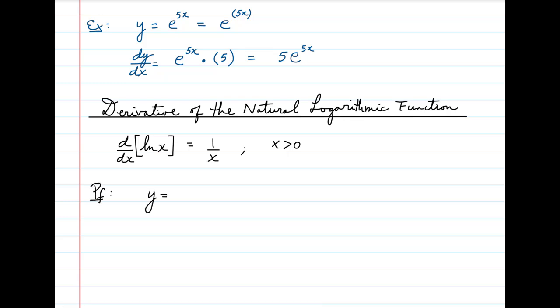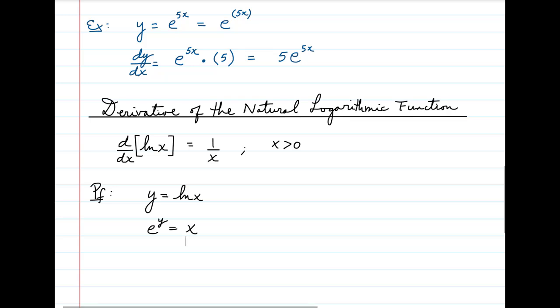We start with the function y equals ln x, right? You know from algebra that you can rewrite this logarithmic expression as exponential. The base of this log is e, so this is equivalent to saying e to the y is equal to x.